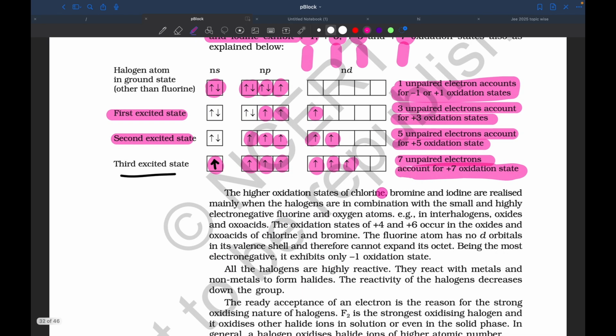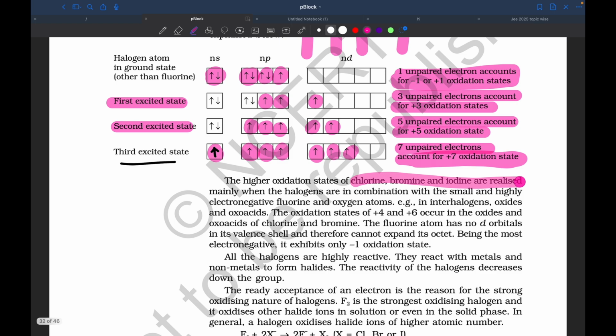The higher oxidation states of chlorine, bromine, iodine are realized mainly when halogens are combined with small or highly electronegative fluorine and oxygen atoms. Okay, so this point to be noticed here, +7, +5 higher oxidation states are possible in only fluorides and oxides only. In interhalogens, oxides and oxoacids, the oxidation states +4, +6 occur in the oxides and oxoacids of chlorine and bromine.